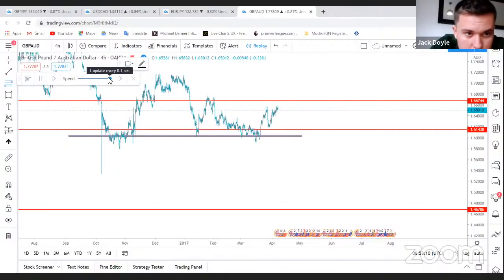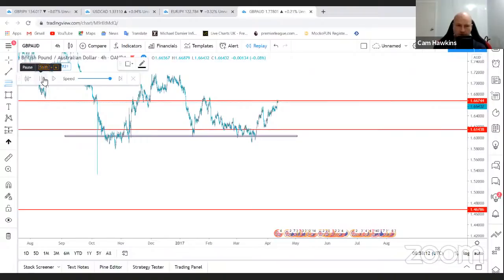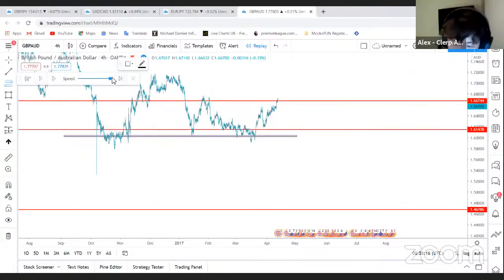Just going to speed it up a bit. Alex, what pair are you going to do for your last one? Can't remember what it was. I think it was GBP USD. Okay. No, GBP JPY.